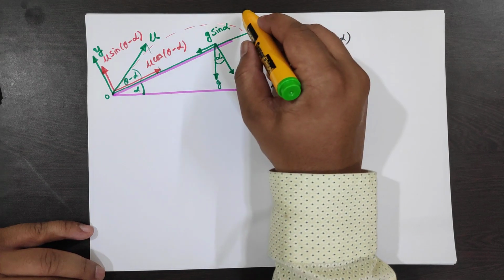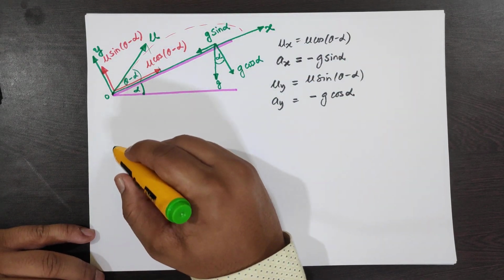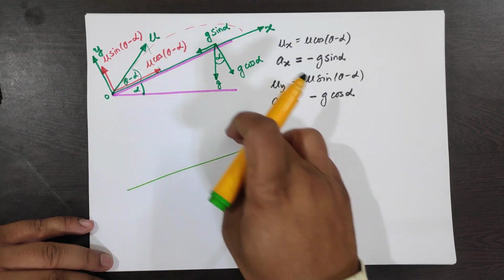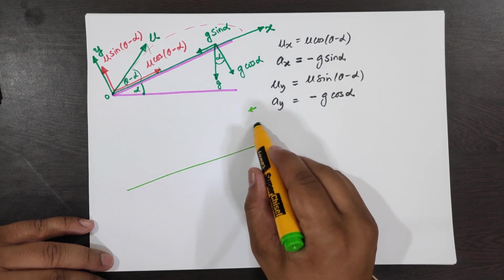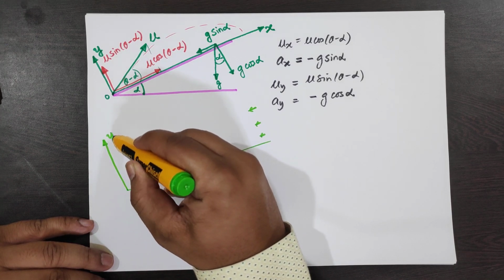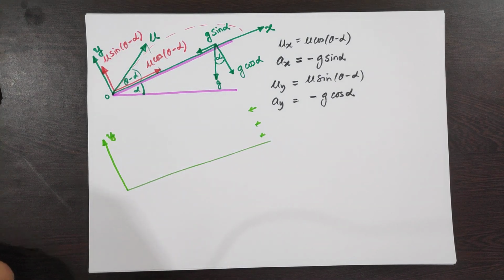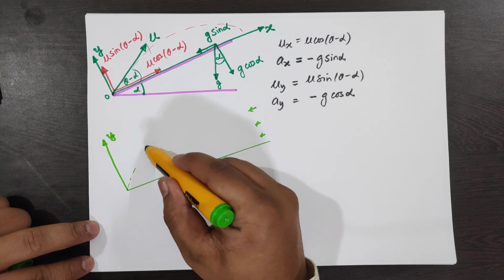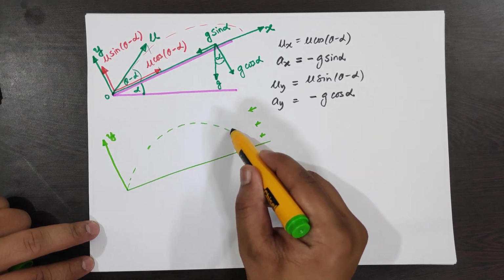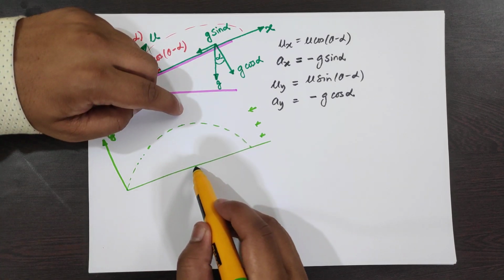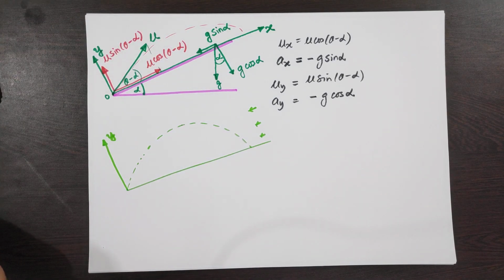For the projection on the y-axis, suppose there is a parallel beam of light, and you are looking at the shadow of the motion on the y-axis. As this particle goes along this path, goes here, comes back, it will reach a maximum distance from the inclined surface.